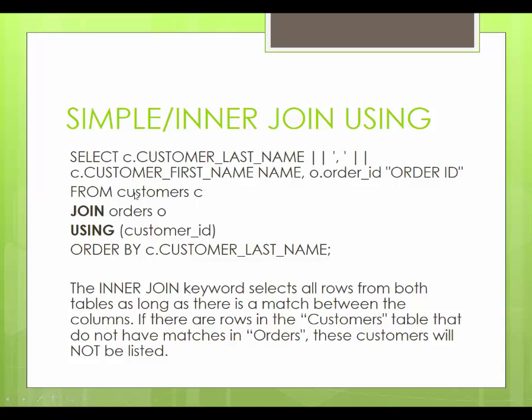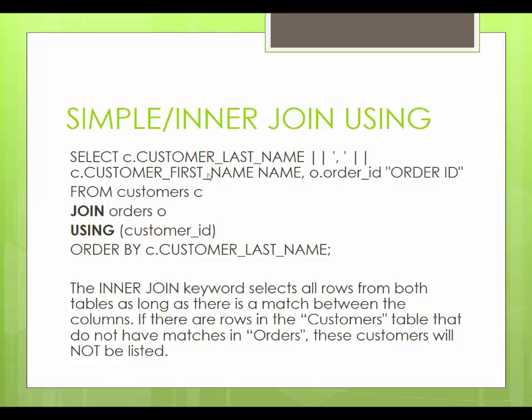A select statement always has to have a select and a from, and then the keyword join, and then the keyword using. And then the using has to have the common column name in parentheses.